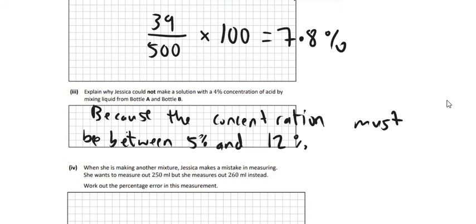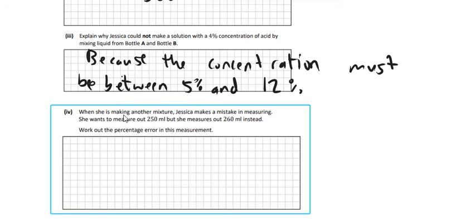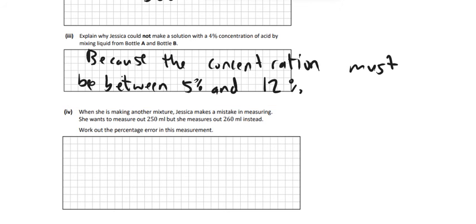So the fourth part: she is making another mixture, and she makes a mistake in measuring. She wants to measure out 250 mils, but she measures out 260 mils instead. So work out the percentage error in this measurement. She's out by 10 basically.